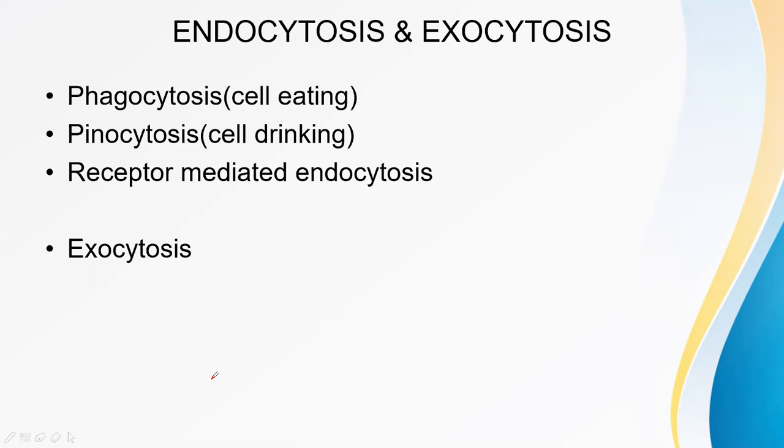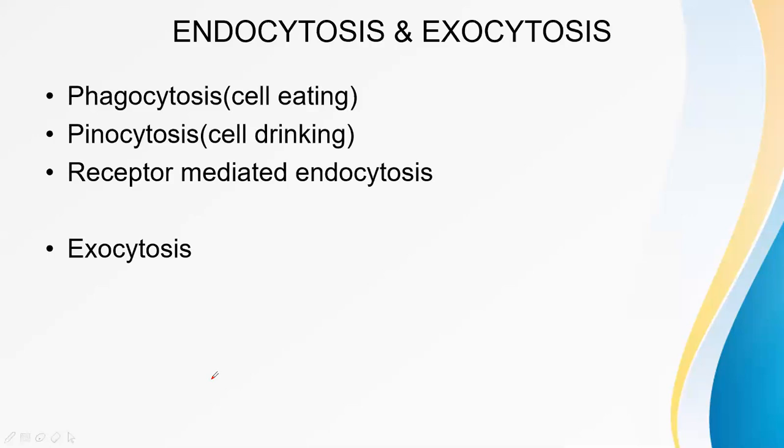The process by which cells remove large particles from the cytoplasm is called exocytosis. Any waste substance present inside the cell will go out by the process of exocytosis. So this is the lesson today.